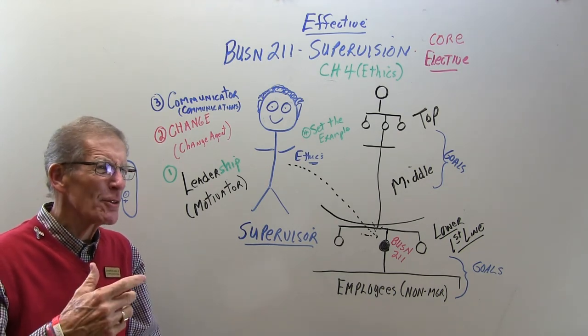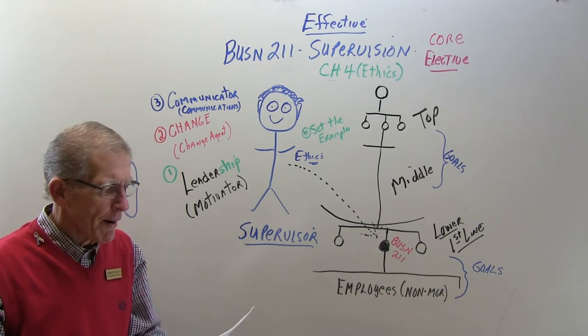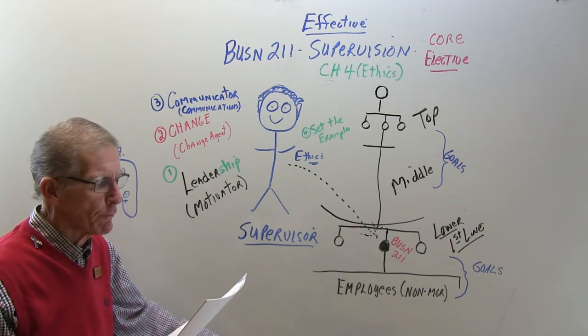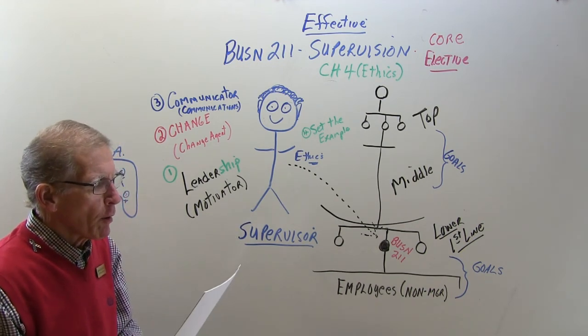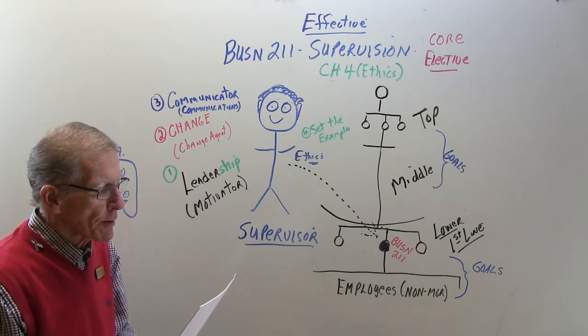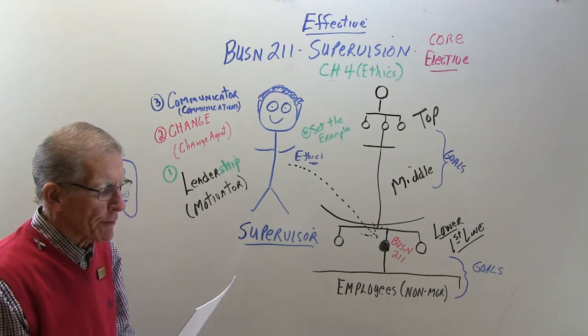I think the answer to most of those questions would be yes. And in our handout, your study guide for the chapter, it says this: there is almost universal agreement that the business practices of organizations should be above reproach with regard to ethical standards.